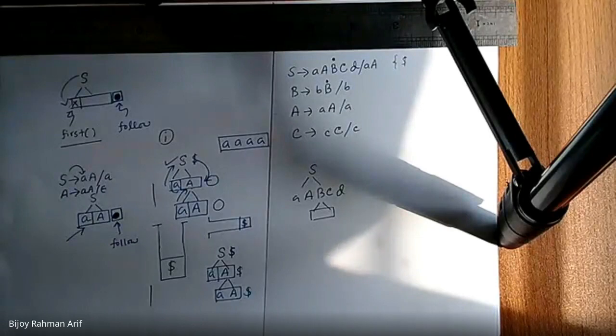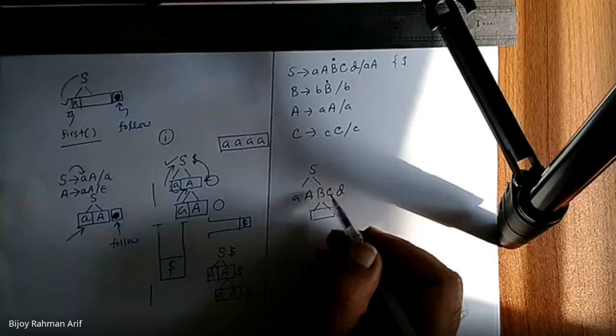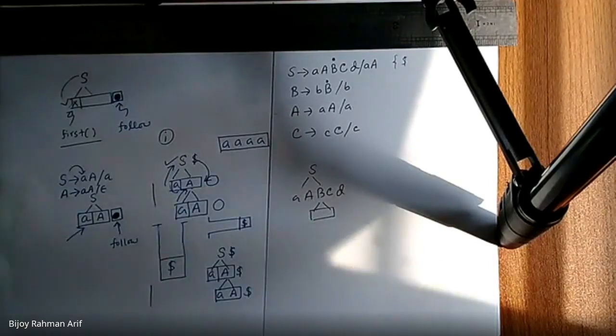C. C is a variable. So what would be the follow? Follows are always terminals. The capital C cannot be. It is not a small c, it is a capital C. Sir, first of C. Follow, not the first. Right.